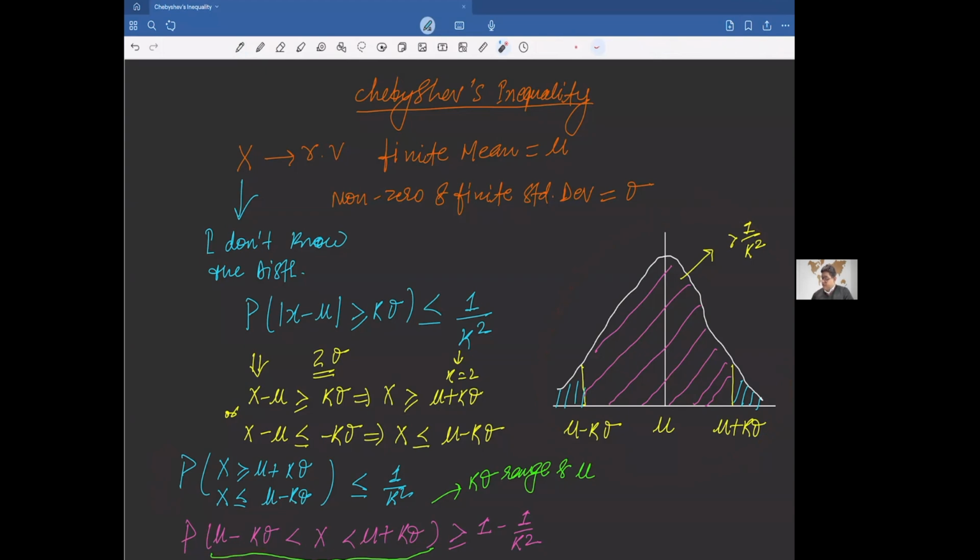I'm telling my k, where does my x lie? X is lying between mu minus 2 sigma. That means in this range, the probability is greater than 1 minus 1 by k square. Or you can say mu plus k sigma, this range, and outside mu minus k sigma it is less than or equal to 1 by k square.